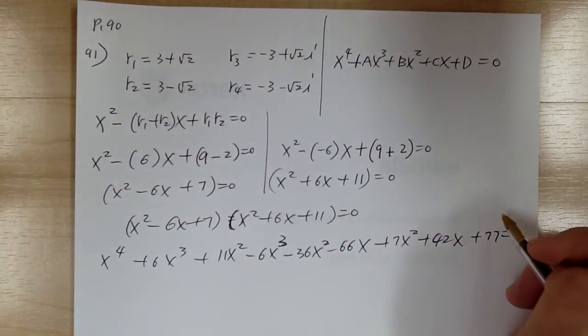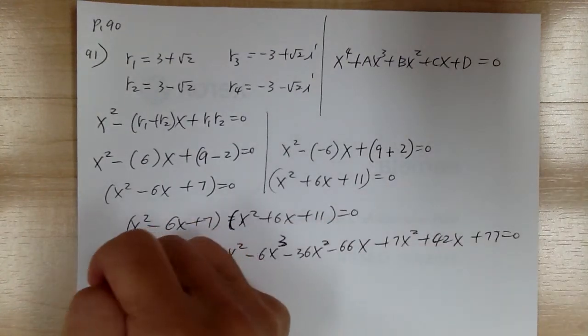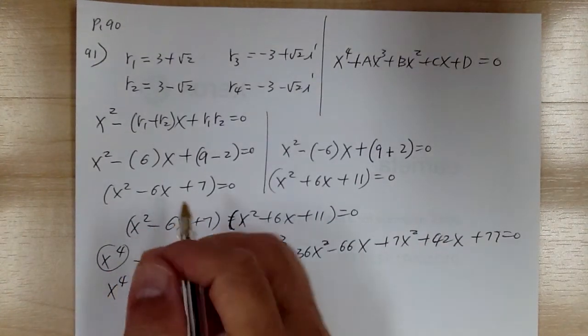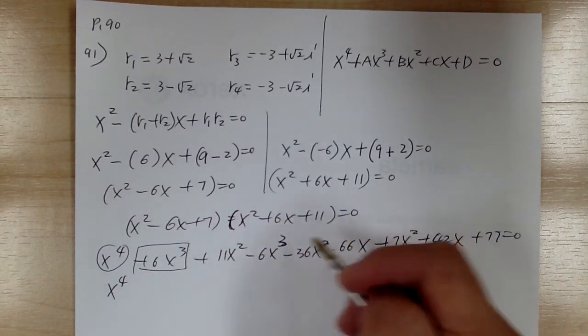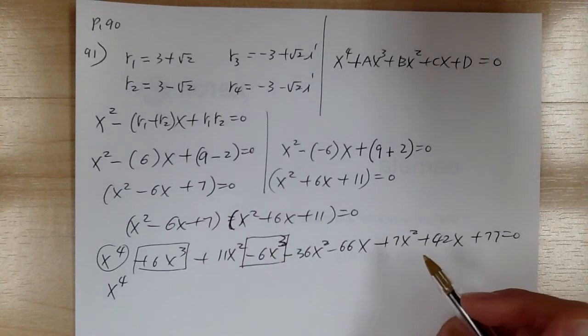Okay, so simplifying, this will give you x to the 4, and the cube part, this one and this one cancel out, so that's kind of nice.